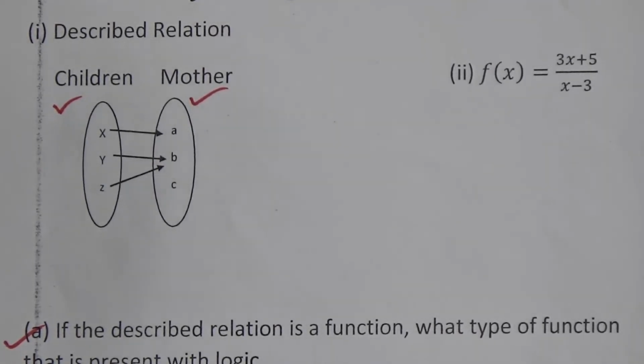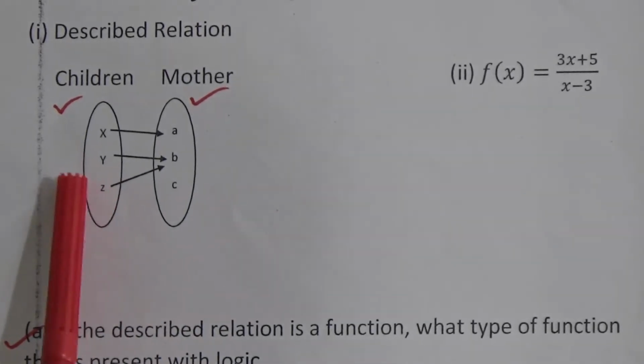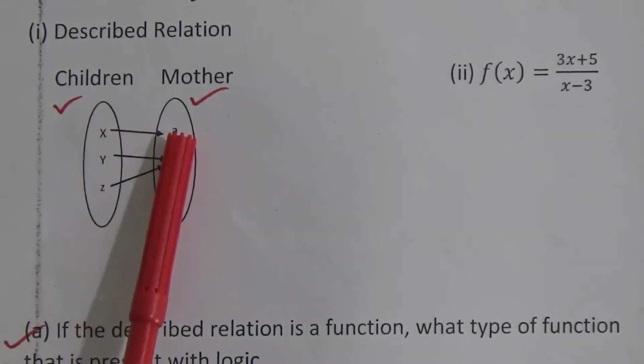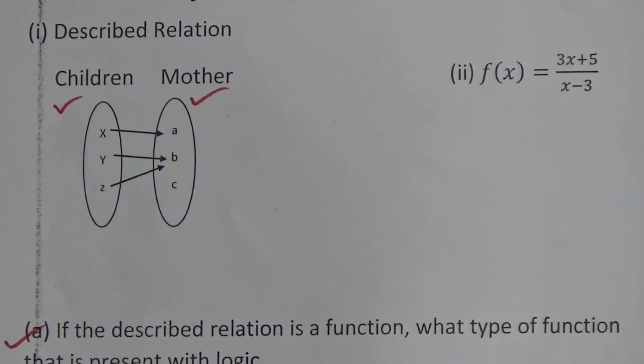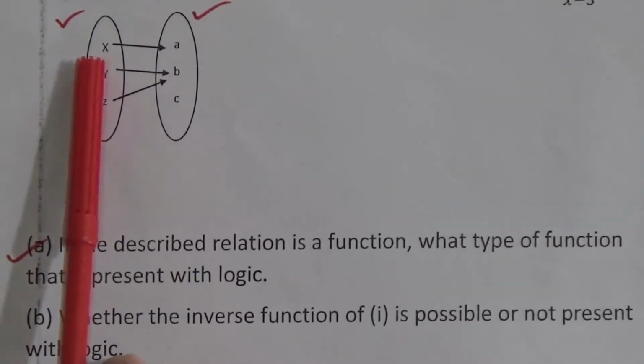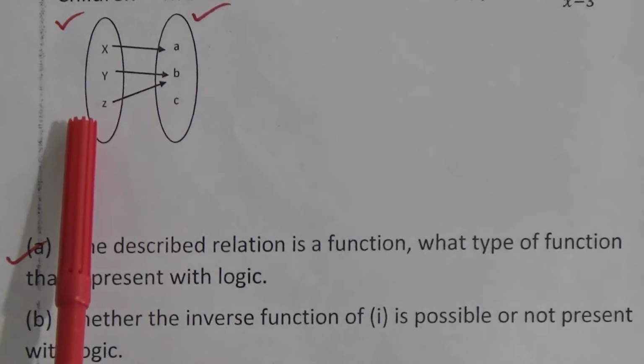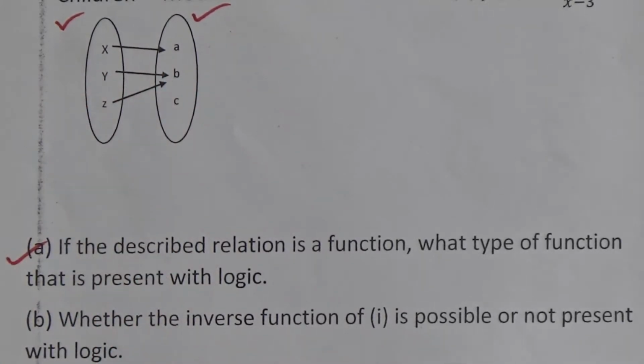using the set, we will get from the set here x corresponds to a, y corresponds to b, z corresponds to b. It means the image of x is a, the image of y is b, and the image of z is c. So we can denote the relation in this way.